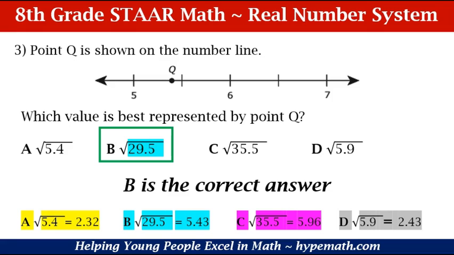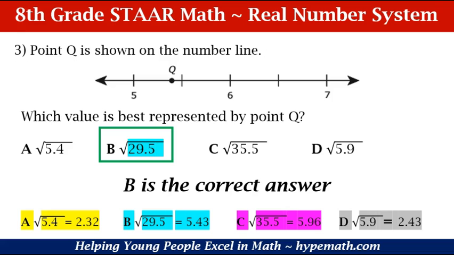If you said B, you are correct, because the square root of 29.5 is equal to 5.43. And again, we said that hash mark represents 5.5 and it's a little bit before the hash mark. So 5.43 is the value that best represents point Q.